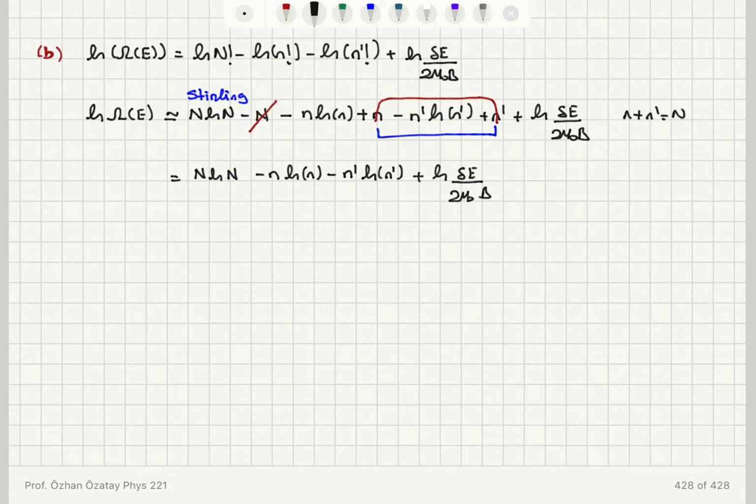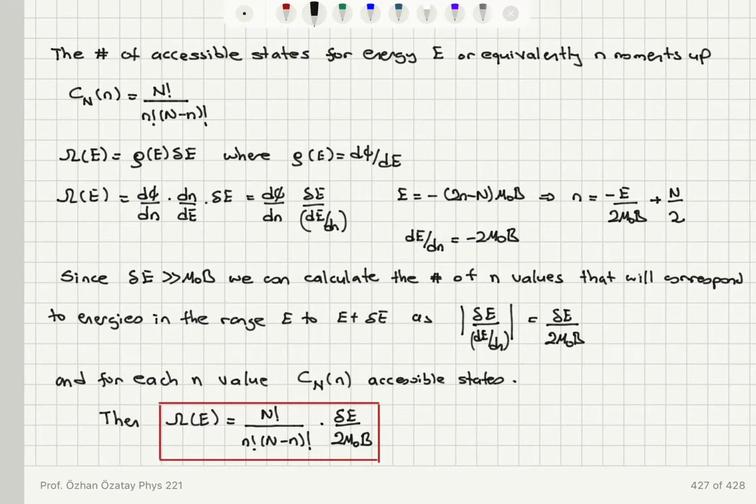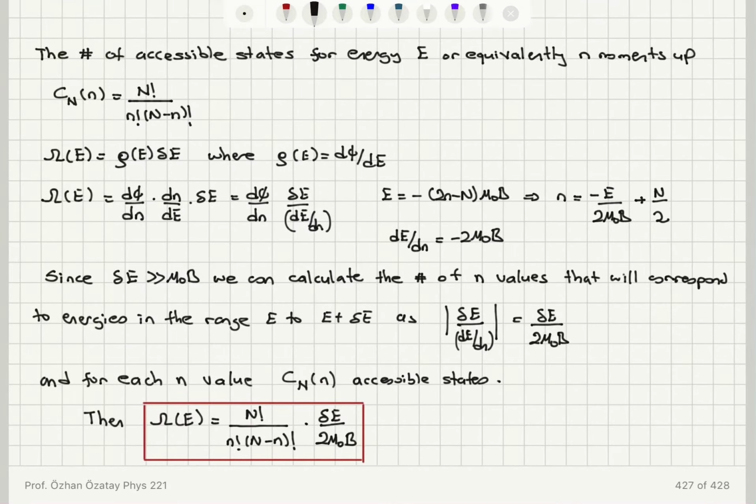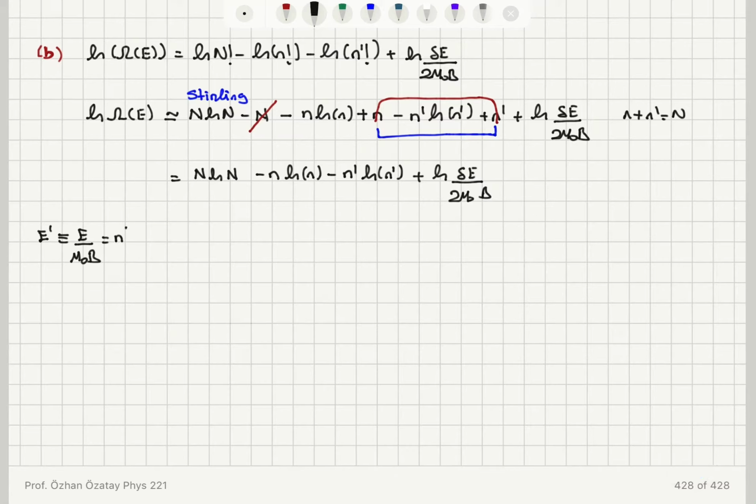And now I'm going to define E prime as E over mu 0 B, because that is suggested in the problem statement. E divided by mu 0 B, if you go back to this energy here, is basically minus parentheses n minus n prime, or n prime minus n.